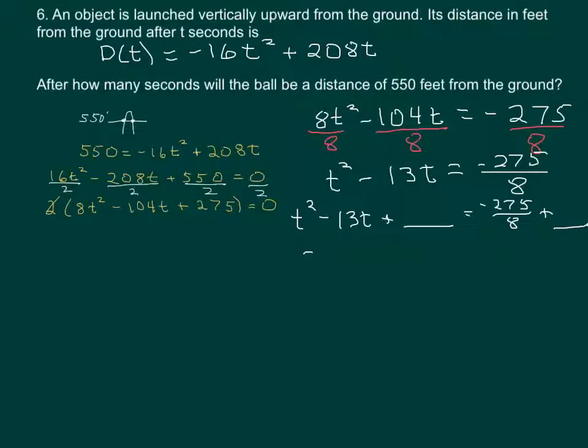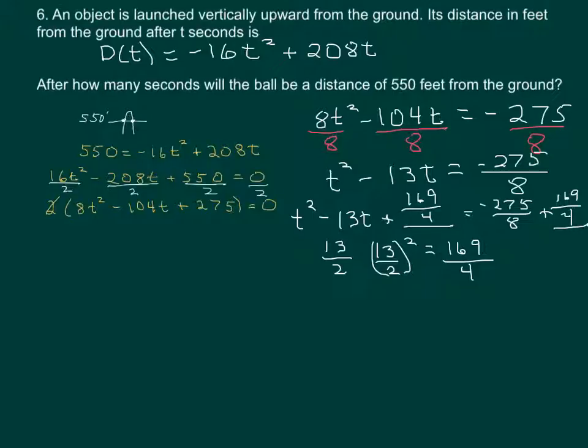Half of 13 is 13 halves. And then when you square 13 halves, you get 169 over 4. So we're going to add 169 over 4 to both sides.